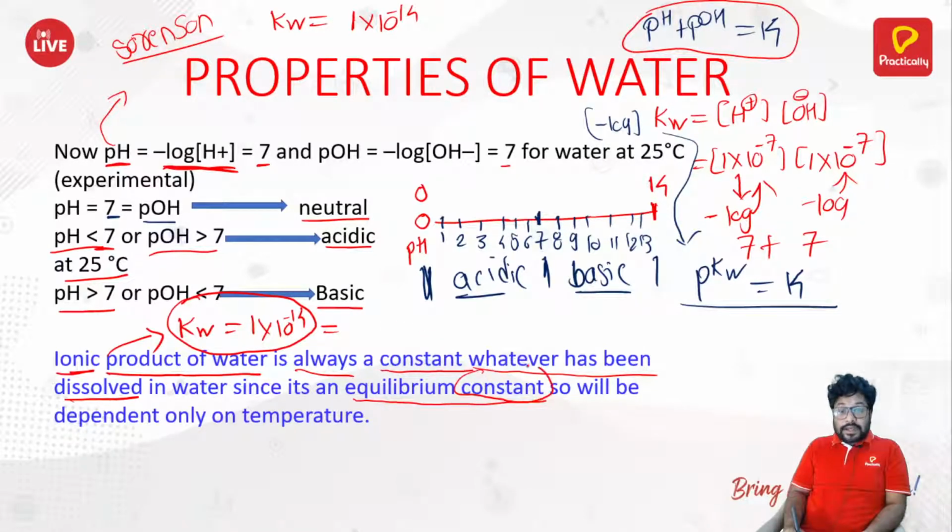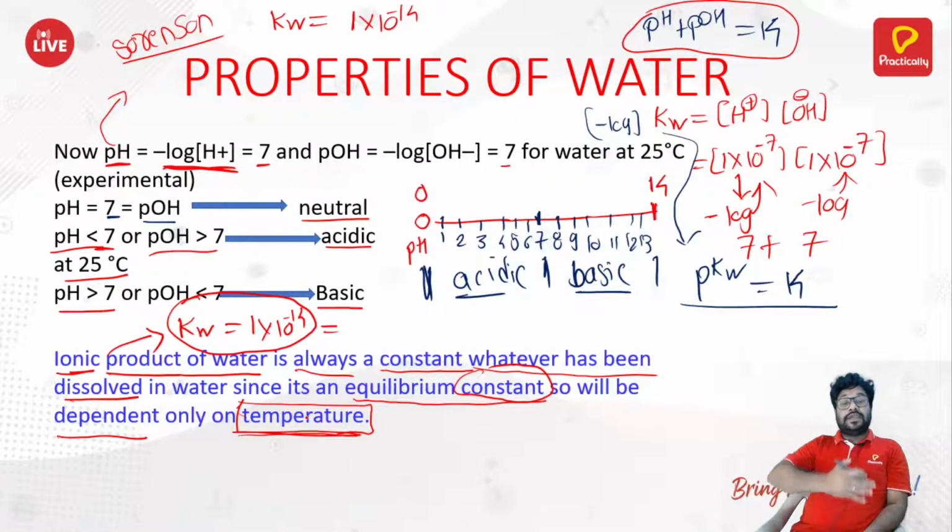Remember, it's a constant, but its value depends only and only on temperature. That means a temperature change can surely affect the value of the equilibrium constant. That is the most important thing you need to understand.